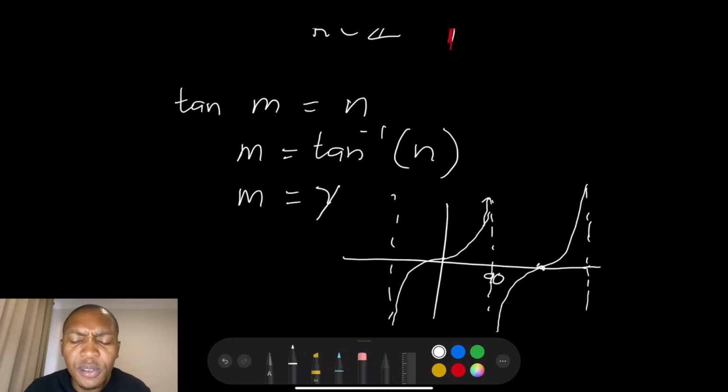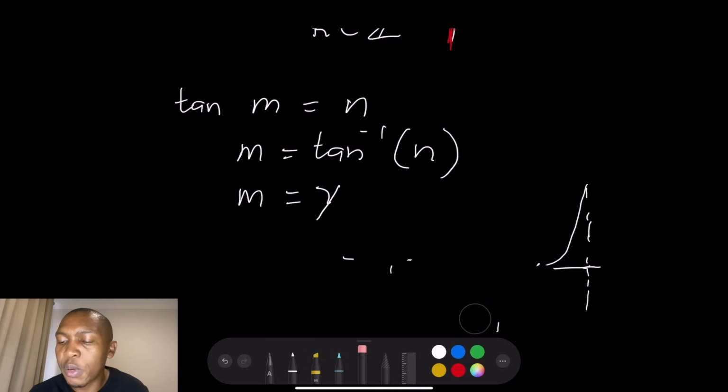Please, if you don't understand this for now, please don't worry too much about it. We are still going to tackle trigonometric graphs, so don't worry too much about it.